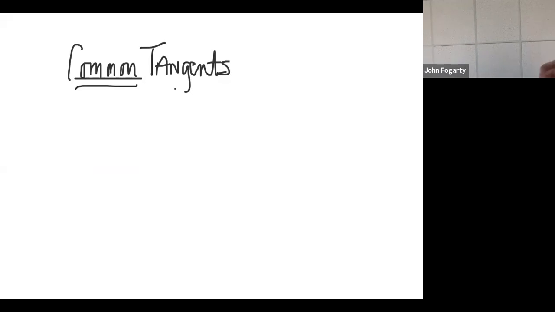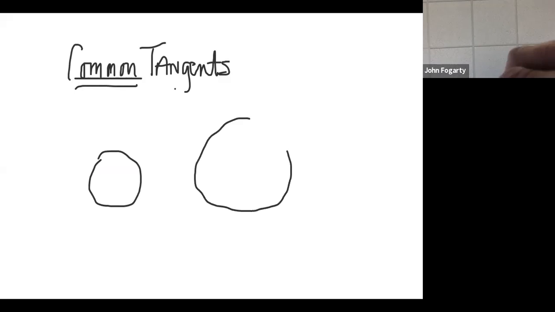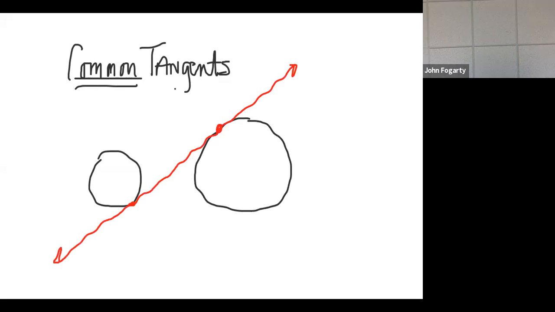So for example, if I have two circles, I can draw a line that's tangent to this circle and at the same time tangent to this circle. So I would say line L is a common tangent to circle A and circle B.